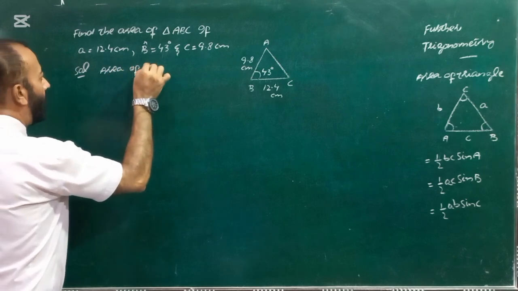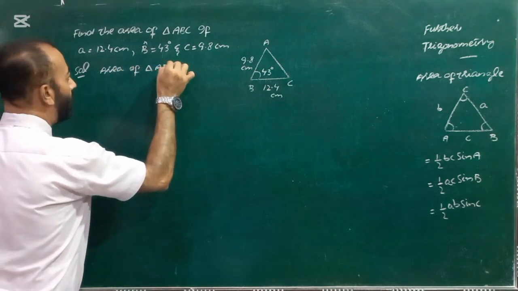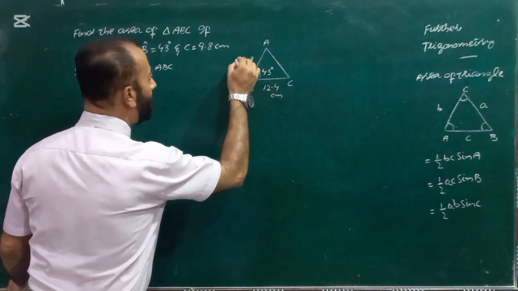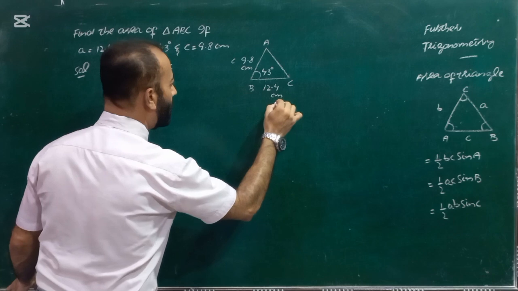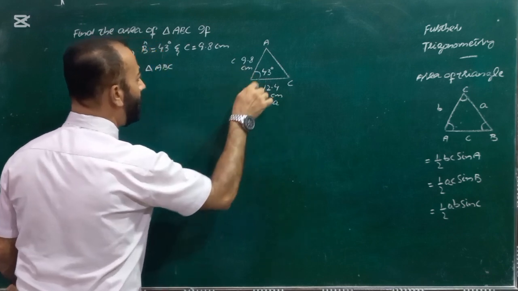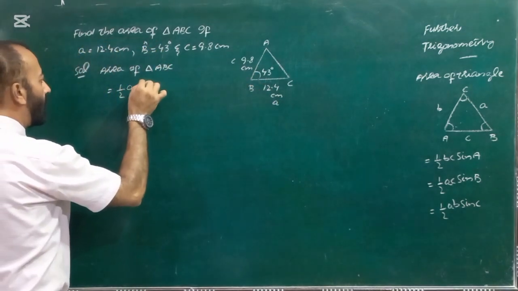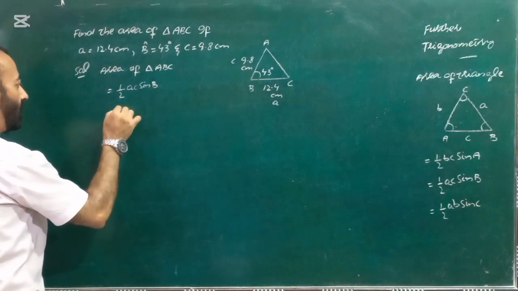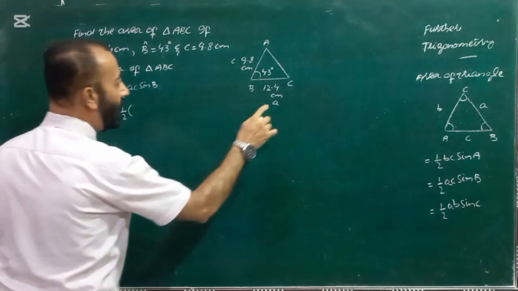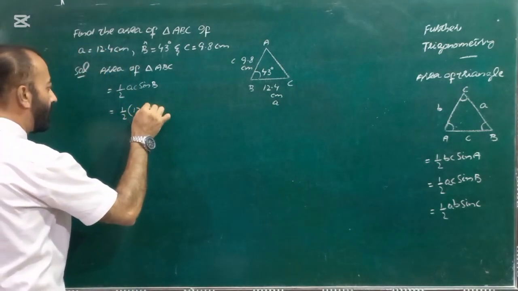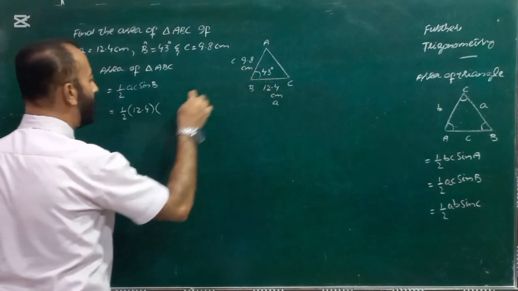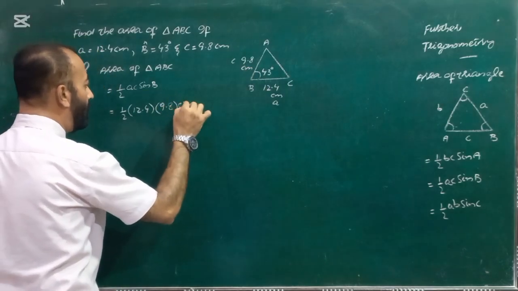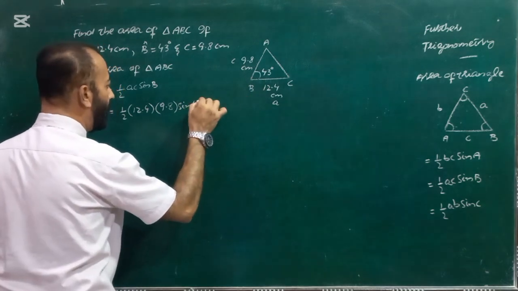Area of triangle ABC is equal to 1 by 2 AC into sine of B. So putting values into the formula, 1 by 2 into a is 12.4 into c is 9.8 and sine of B, and B is 43 degree.